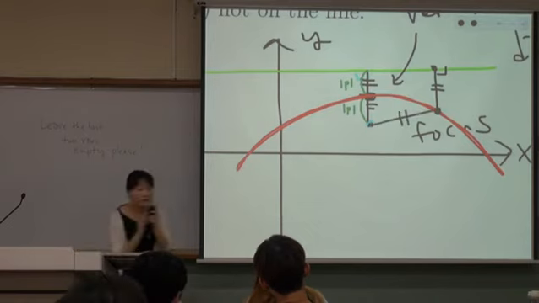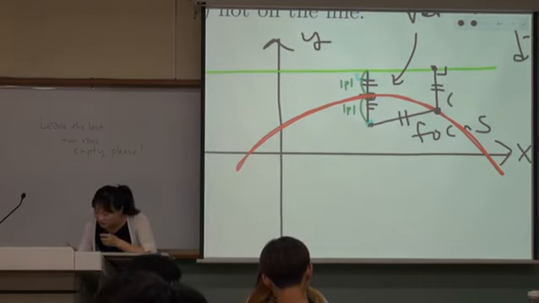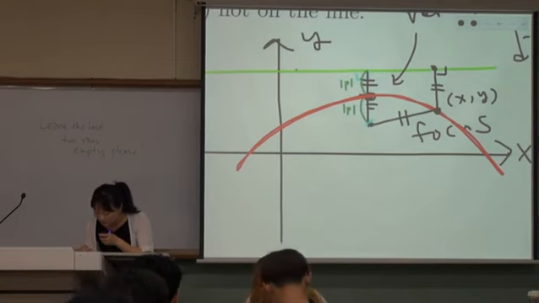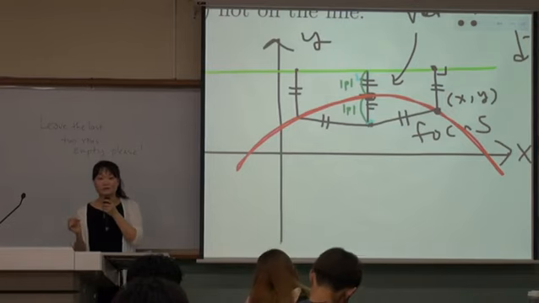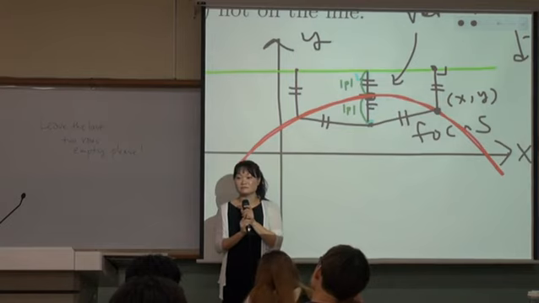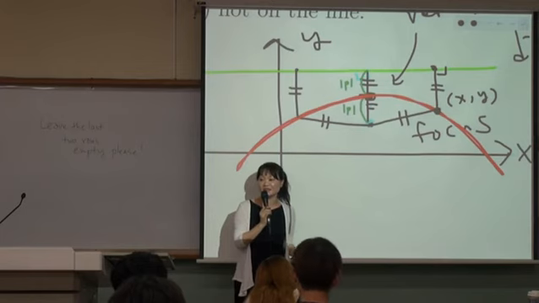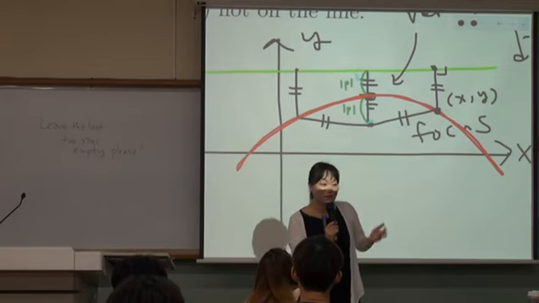I know that they don't look the same, but imagine that they are the same, okay? So this point is x, y. If I look at the distance from red to green, these are equal. Let's find the equation of this red curve. That red curve is called a parabola.